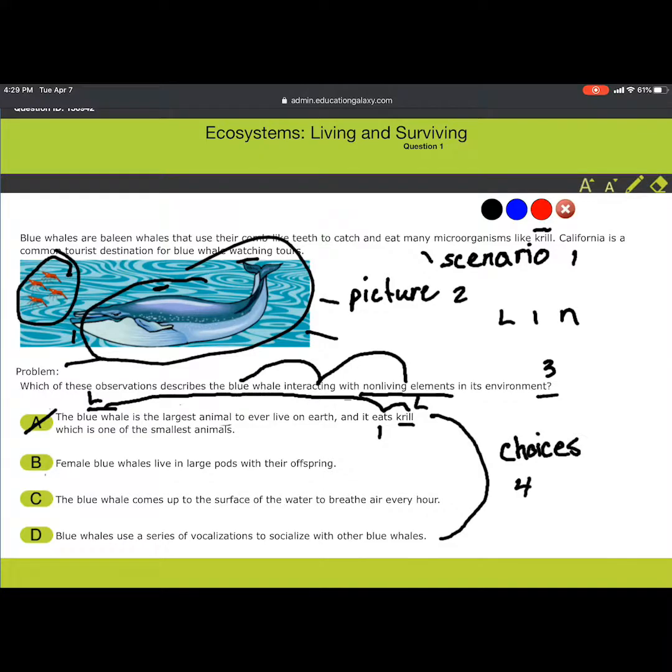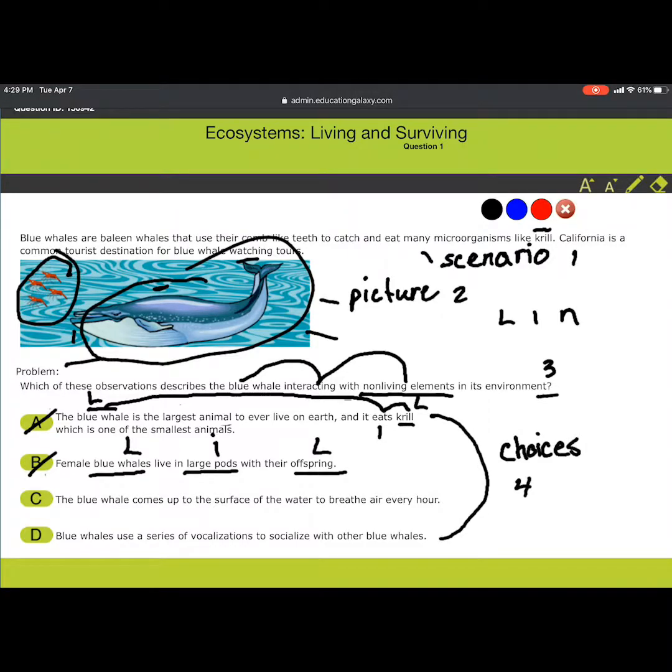Here's living: female blue whales live in large pods with their offspring, and here's living again. So they interact in large pods. Guessing pods is like a group; I'm not really sure, and I'm going to have to look that up. But from what I can tell, this is living interacting with living, probably not what we're looking for.